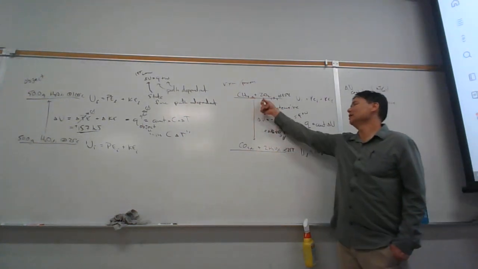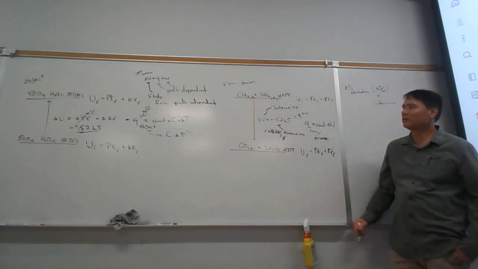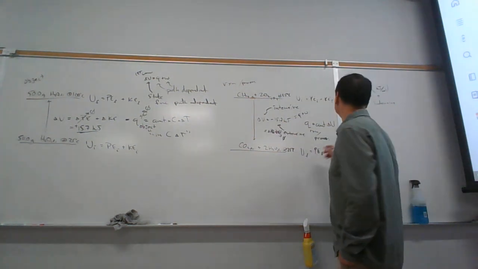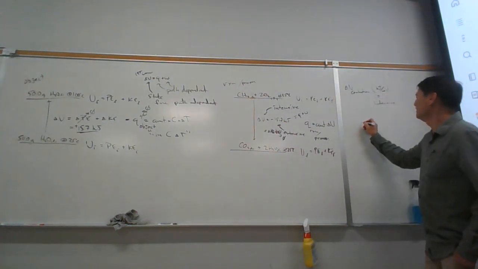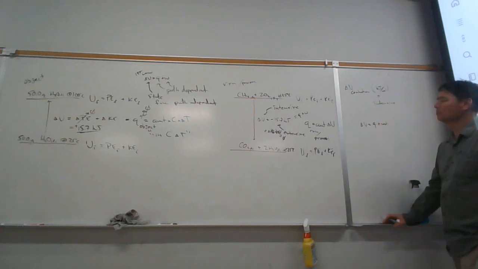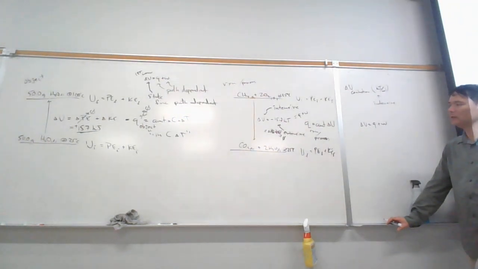So the amount of energy in this process is fixed, but the amount of heat we generate depends on how much work we do in this reaction. The more work we do in this reaction, the less heat we get. Because delta U is equal to Q plus W. And what we need to do is try to do no work for this.